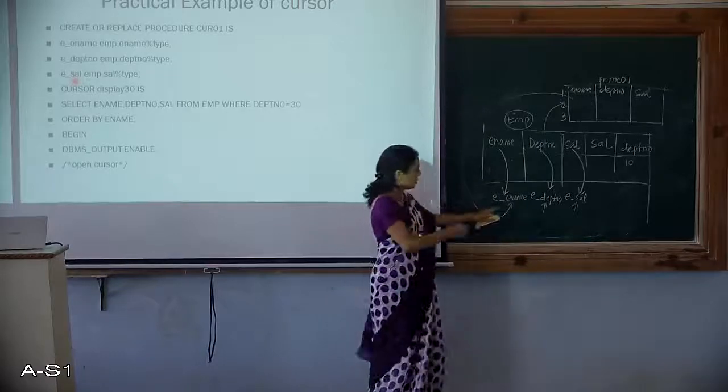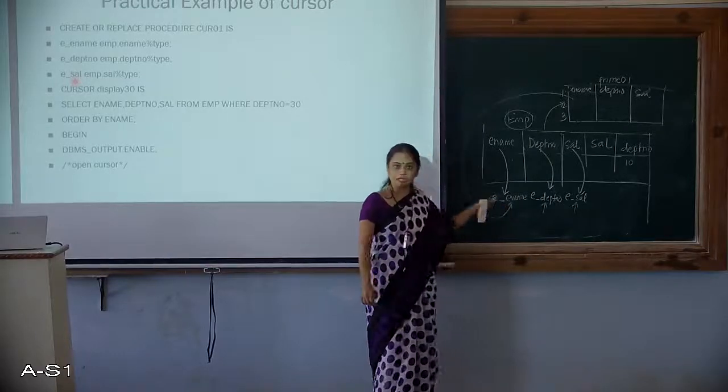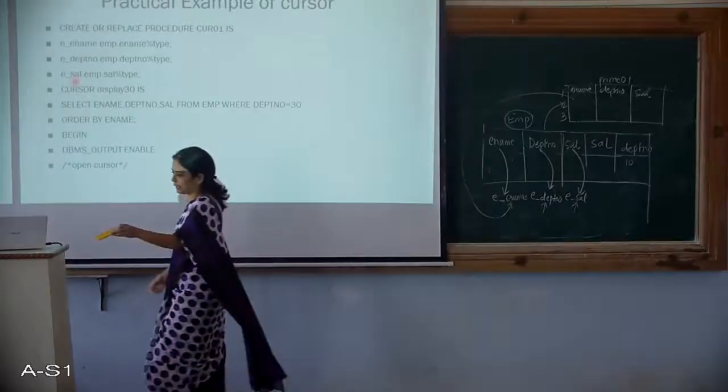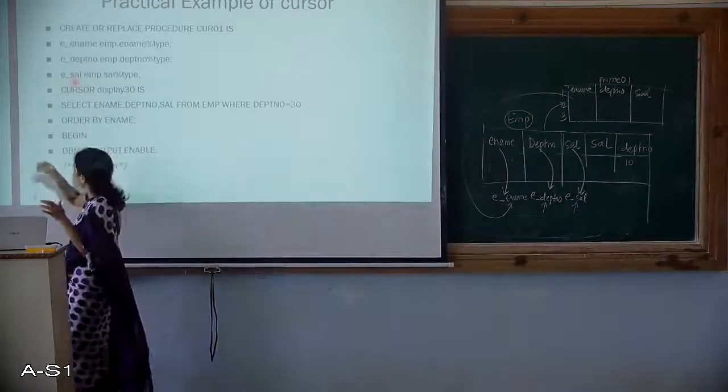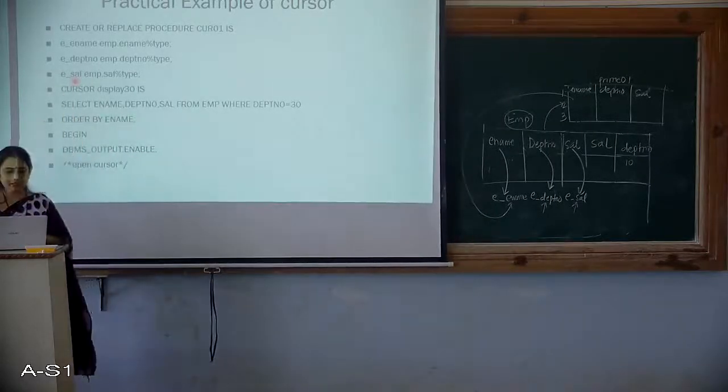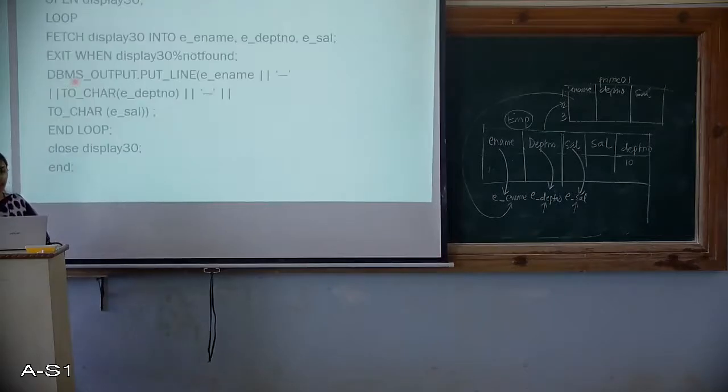They will be fetched from the cursor, and all those values will reside here temporarily and then be displayed. So I declared those variables, and now I am just displaying them: E name space, department number space, and salary space. Then close the cursor.